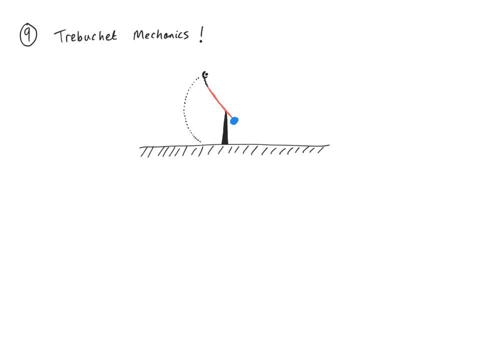This has elevated our slingshot right to the top here, and then there's some kind of release mechanism that allows this projectile to be hurtled in a ballistic fashion towards the unfortunate target. So by ballistic, what I mean here is the particle is free and falling just under gravity, subject to the initial velocity, which is something that's determined by the initial part of this motion as drawn.